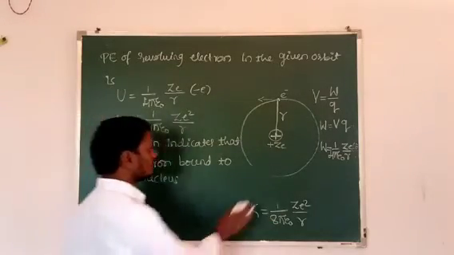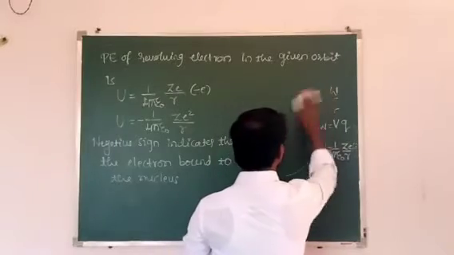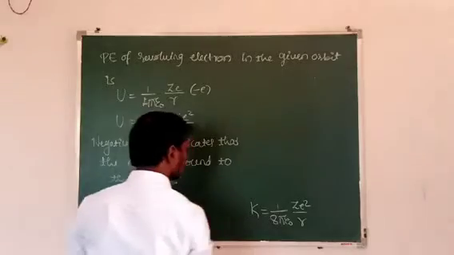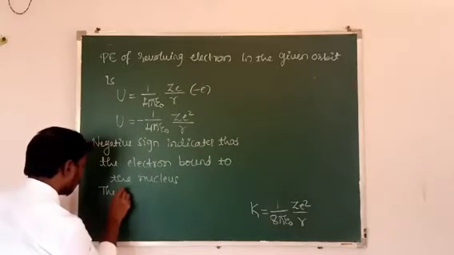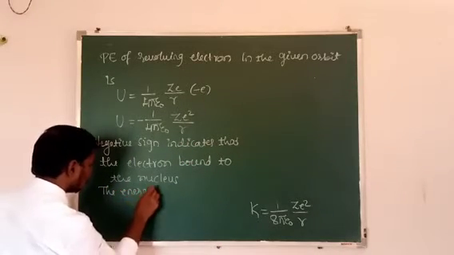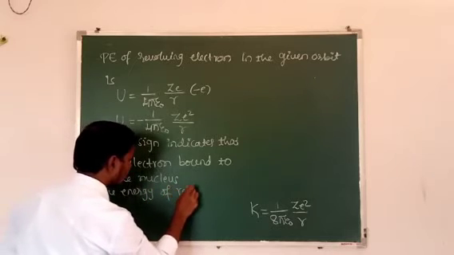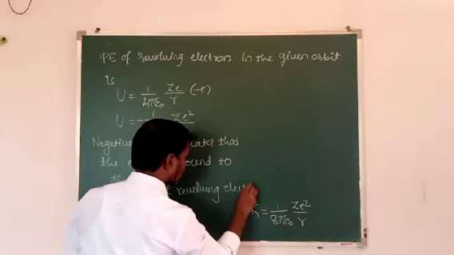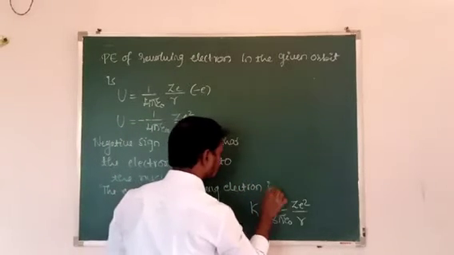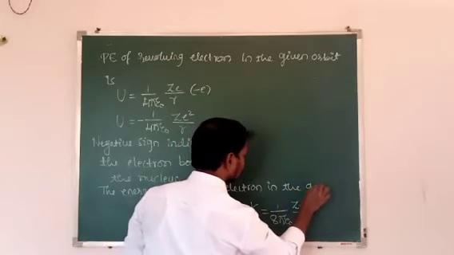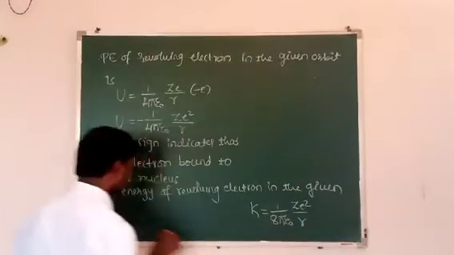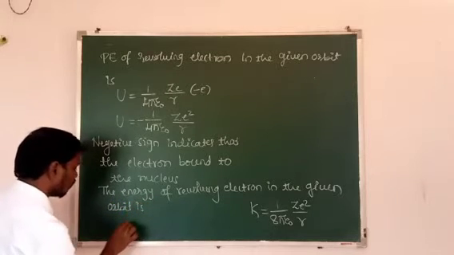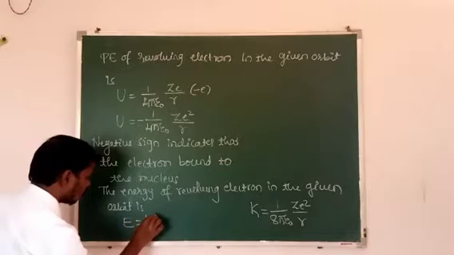Then the energy of revolving electron in the given orbit is E is equal to kinetic energy of the electron.